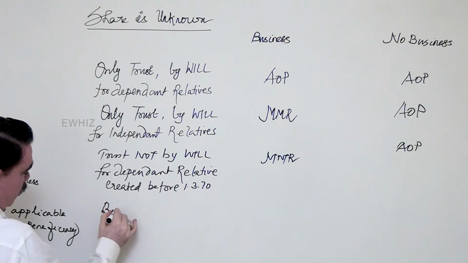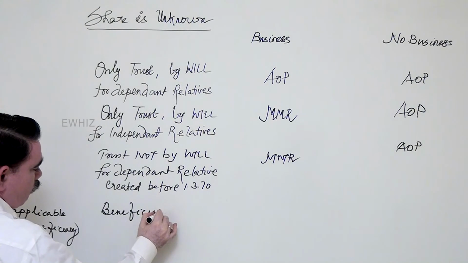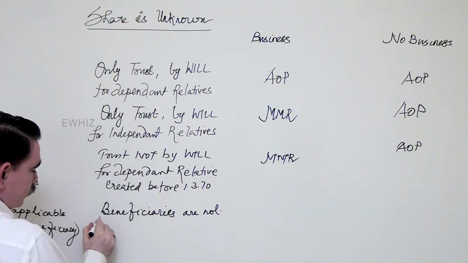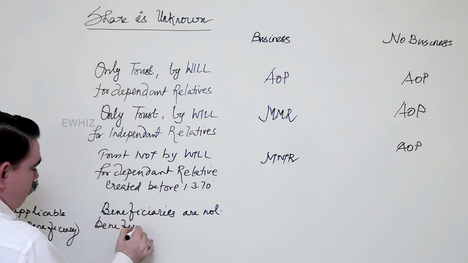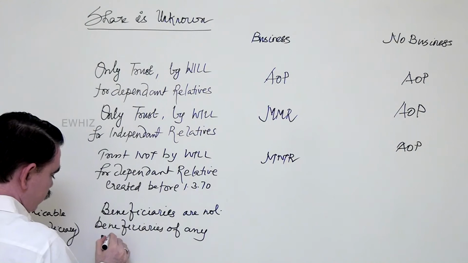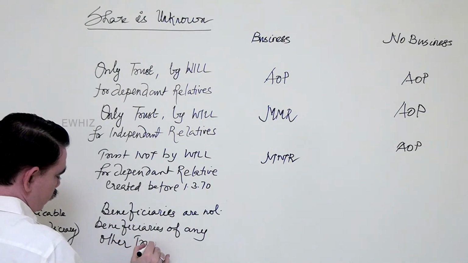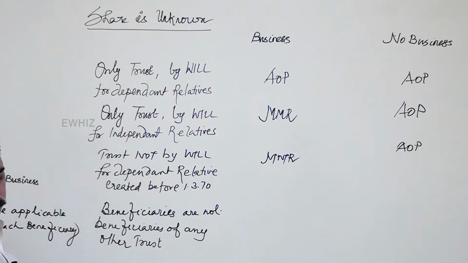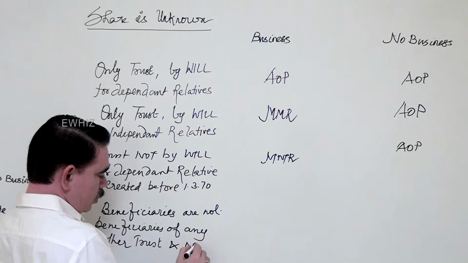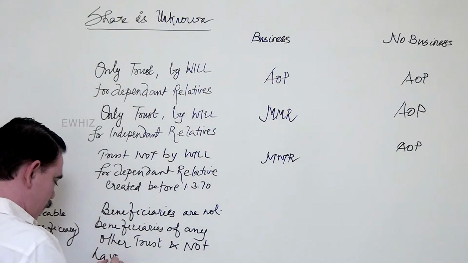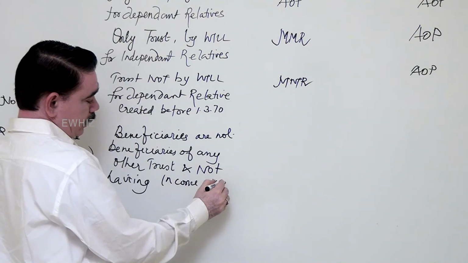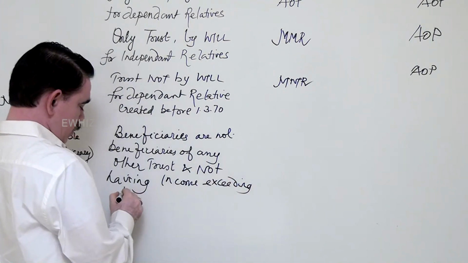Then second, the beneficiaries are not beneficiaries of any other trust and not having income exceeding the basic limit.